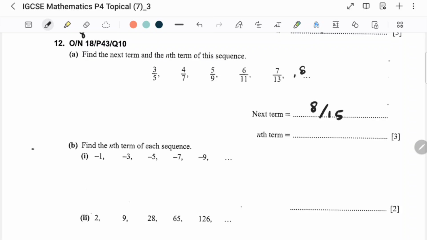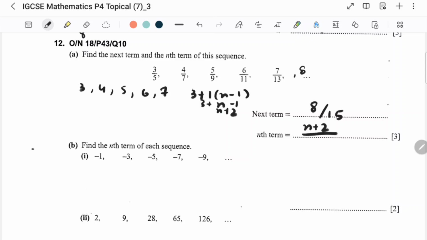Nth term. So what do you do? Numerator and denominator solve. 1 is the difference, so a plus d times n minus 1, 3 plus n minus 1, so you have n plus 2 as the numerator.